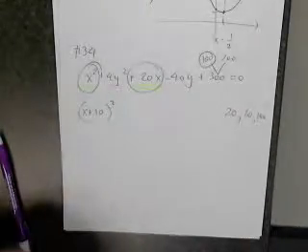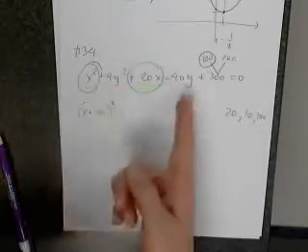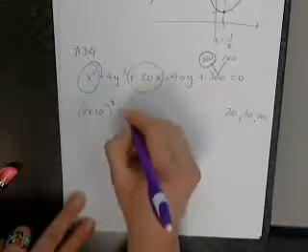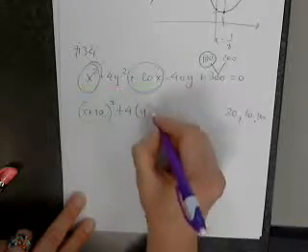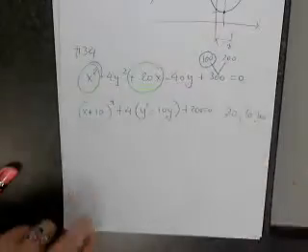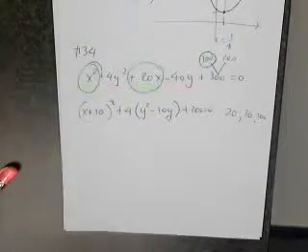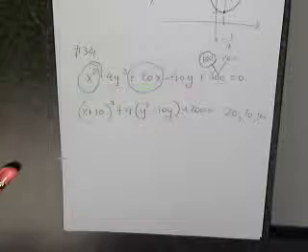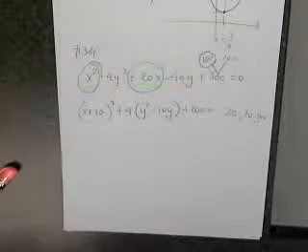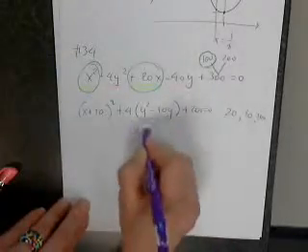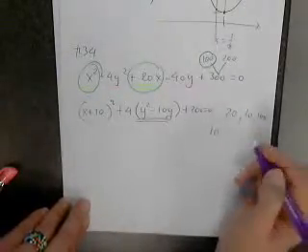Okay? So now I have to struggle here with this. I have to factor out a 4. I have y squared minus 10y, and I have plus 200 equals 0. Now I complete the square in here with 10 as the middle coefficient.